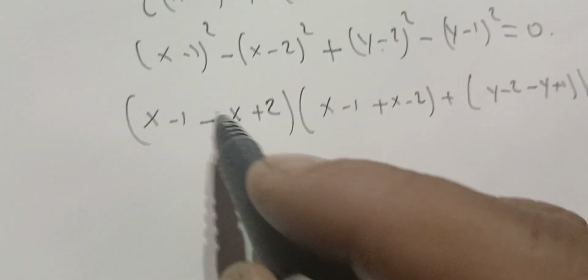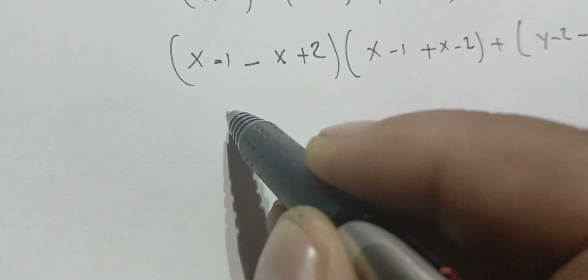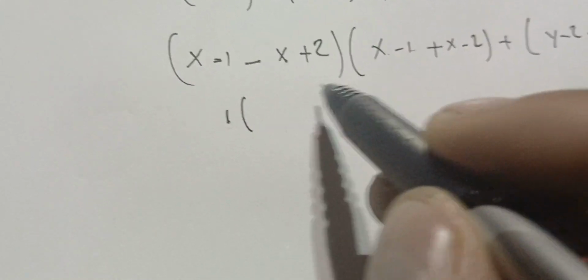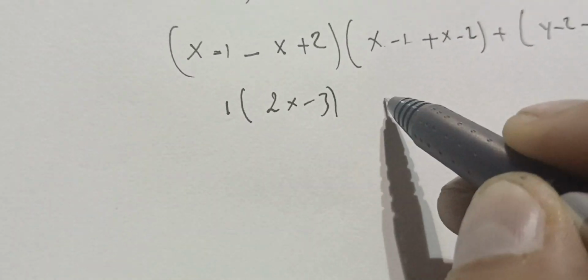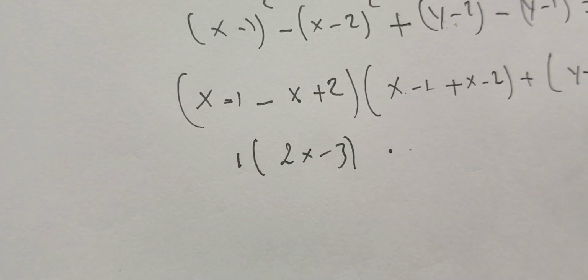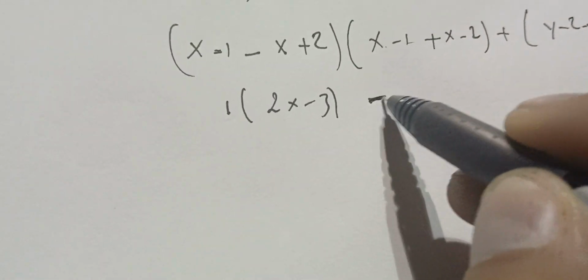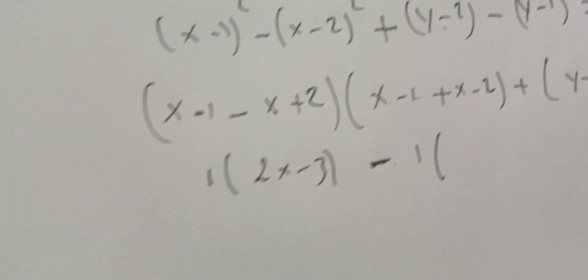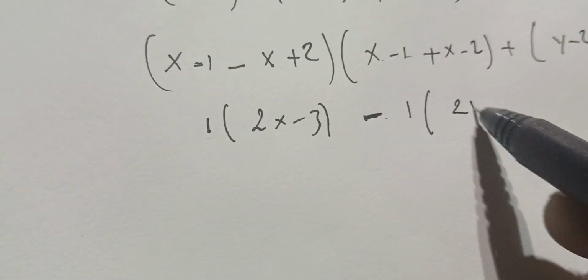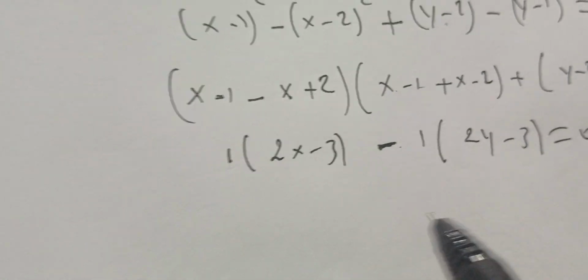Okay, so here we get a 1 times 2x minus 3, but here we get minus 1 times 2y minus 3 equals 0.